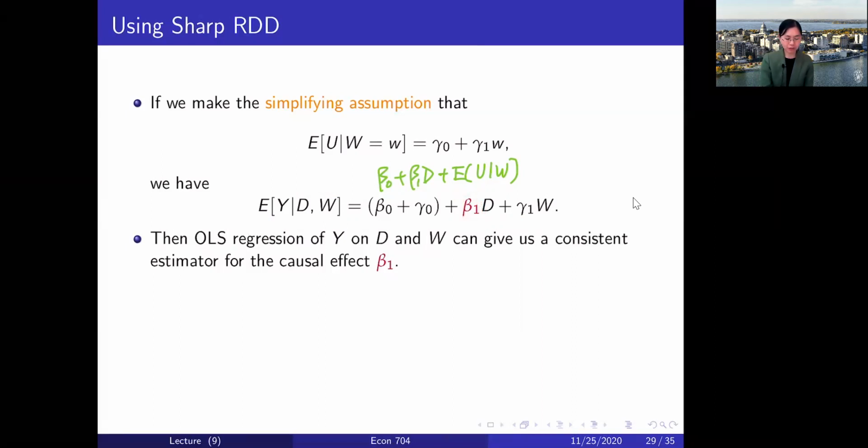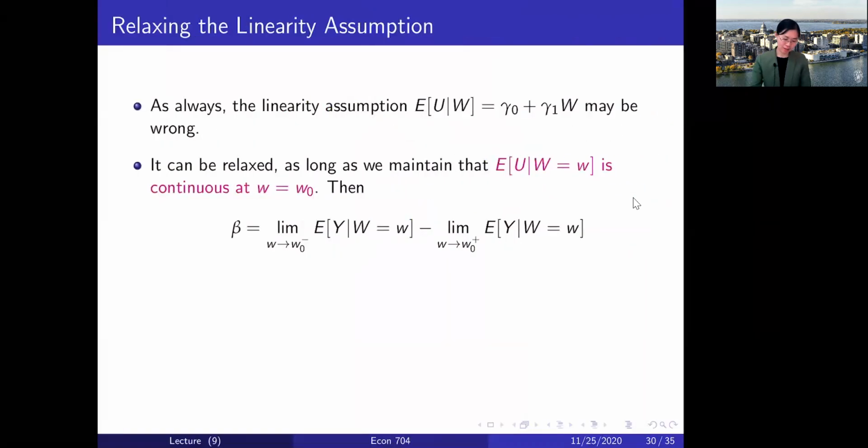But of course, can you justify this linearity assumption? Is U really related to W in a linear way? Maybe not. So this linearity assumption may be wrong. However, it can be relaxed. It can be relaxed by adding nonlinear terms like we did before. It can be relaxed as long as we maintain that E[U | W] is continuous at W0.